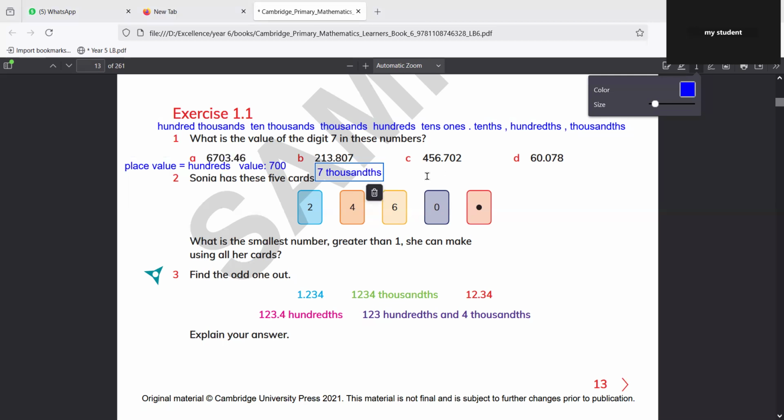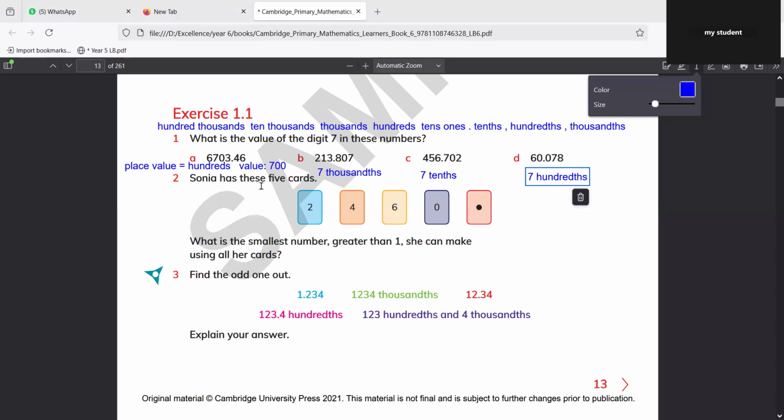The place value for the 7 here is 7 tens. And the place value for the 7 here, this is tens and this is hundreds, so it is 7 hundreds. Then this is the first question.